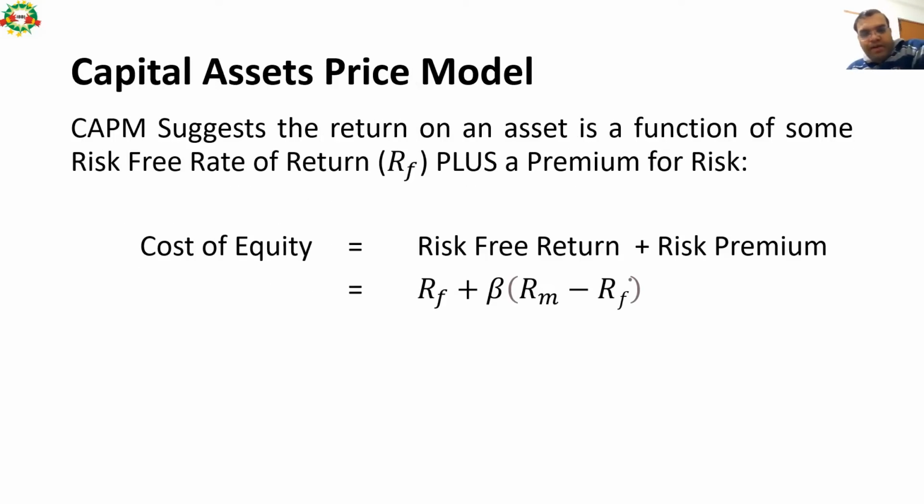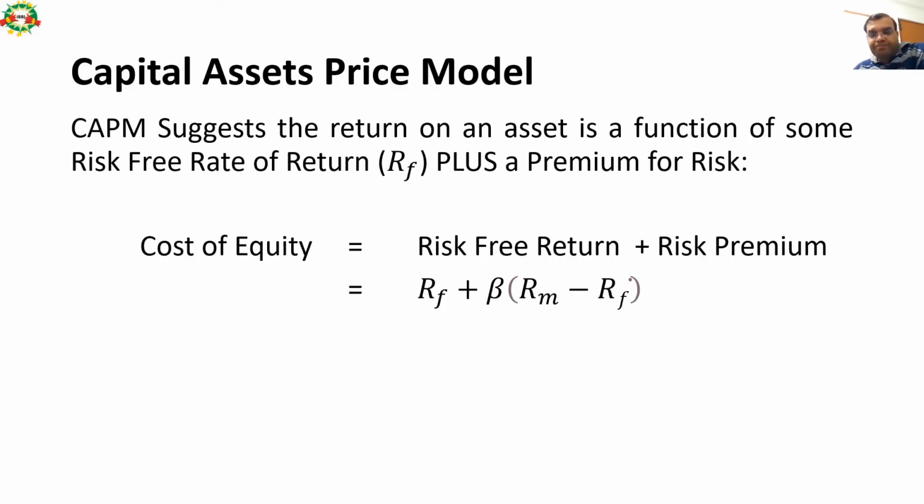So what is CAPM? Capital Asset Pricing Model. CAPM suggests the return on an asset is a function of some risk-free rate of return plus a premium for risk. As we discussed in the previous slide, the rate of interest offered by government securities plus the risk which I presume while investing in a certain asset, right?